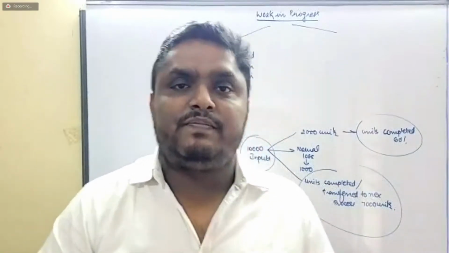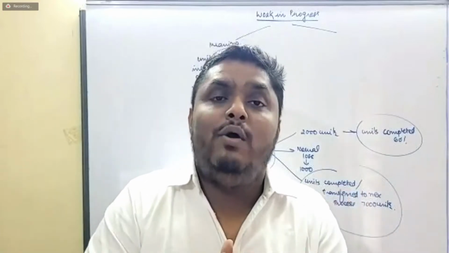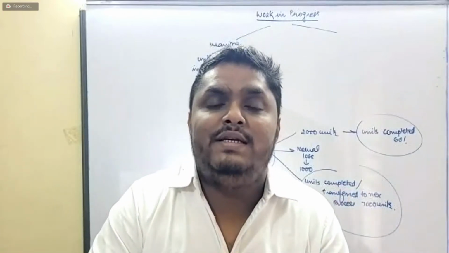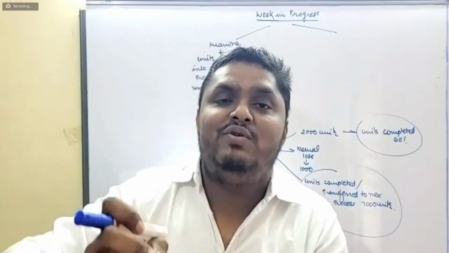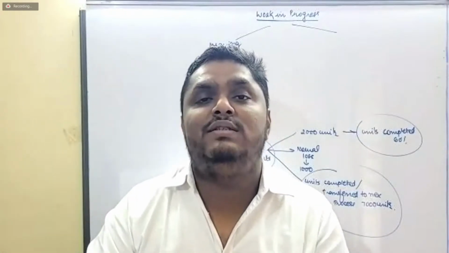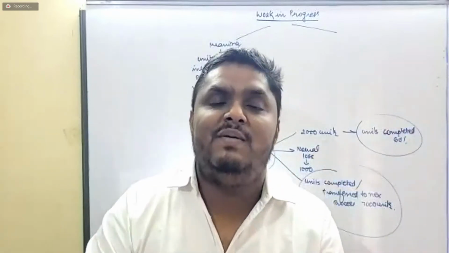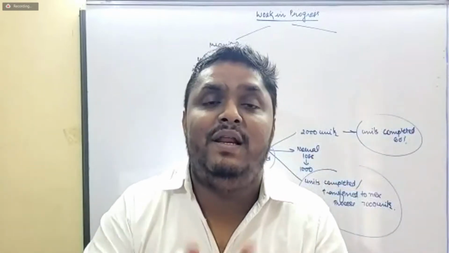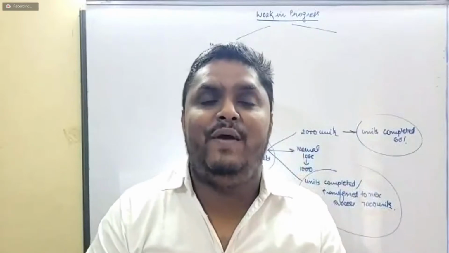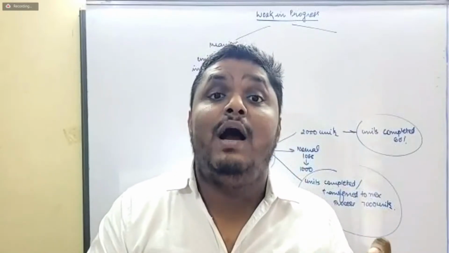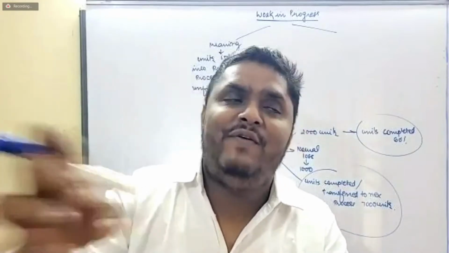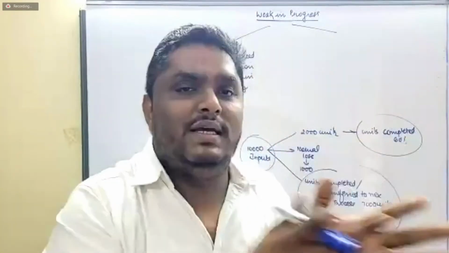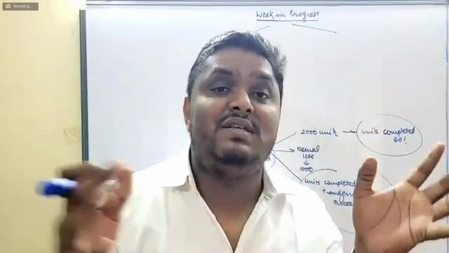Now, guys, in quantitative terms, that is how many units are in process, how many units have been transferred, how many units are 50% complete, how many units are 80% complete, we can easily identify. But the major part is how to value these units in process. We can easily identify 2,000 units are still in process, 7,000 units are transferred.